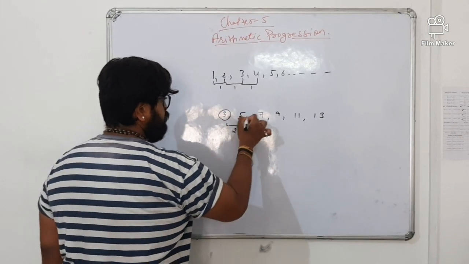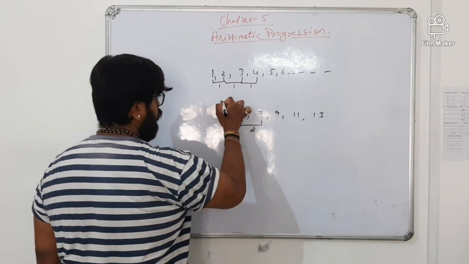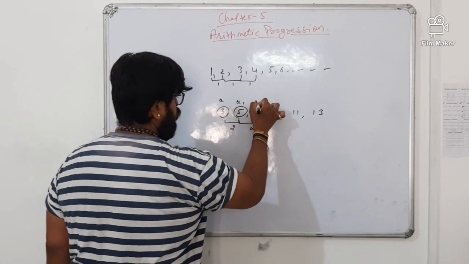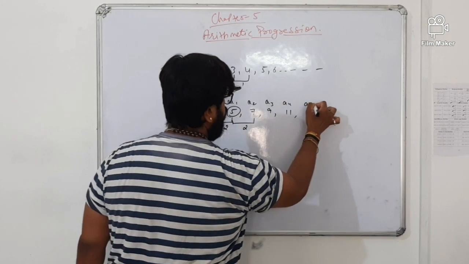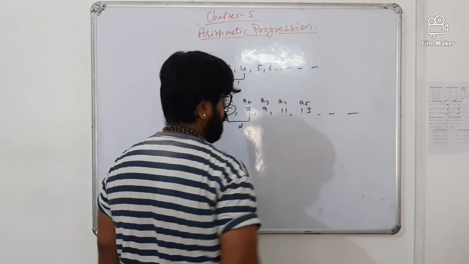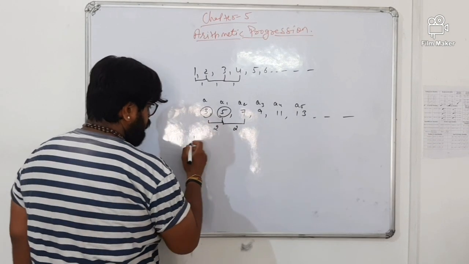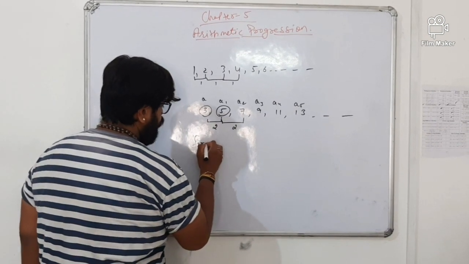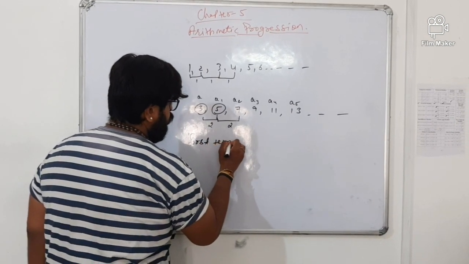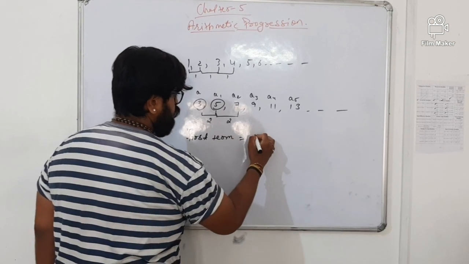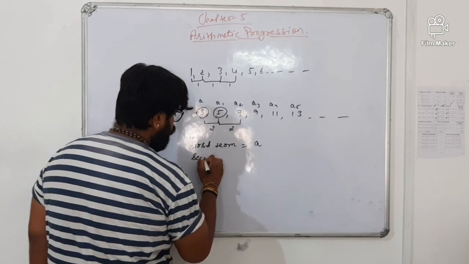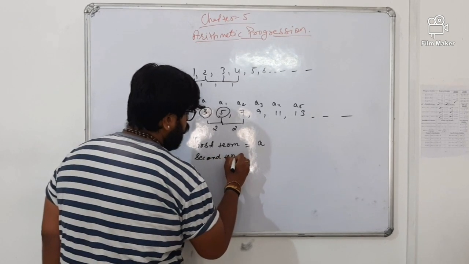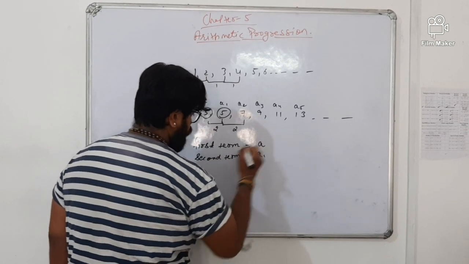Now what are these numbers called? This number is called A, this is A1, this is A2, A3, A4, and so on. The first term of the series is known as A. The second term is known as A1.